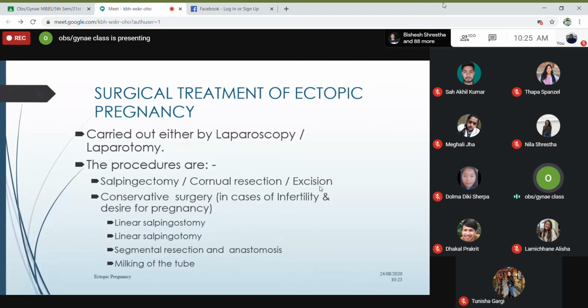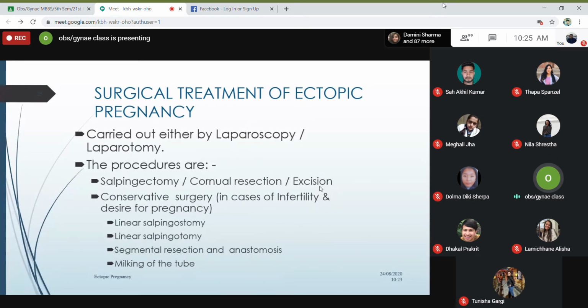Salpingotomy and salpingostomy, two terms. Salpingostomy, stomy means stoma, so you're making a stoma. You're cutting on the anti-mesenteric border of the fallopian tube, removing the ectopic gestation and leaving the tube open. You're not suturing the tube back. Okay, so you're leaving it open.